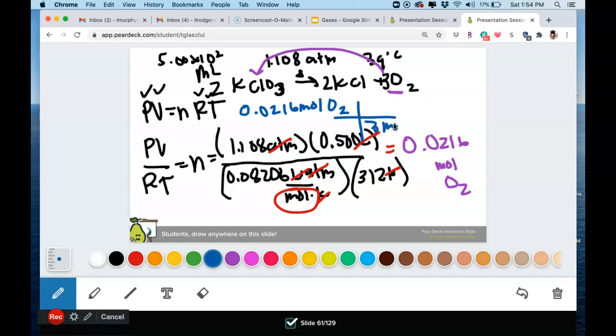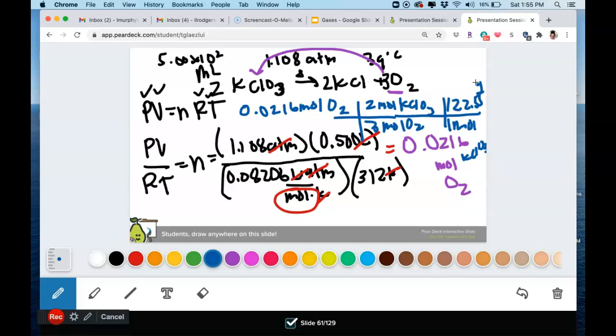For every 3 moles of O2 that are produced, 2 moles of potassium chlorate are required, and then 1 mole of potassium chlorate, I have no idea what this guy's molar mass is. Let's Google it. It is 122.55 grams.